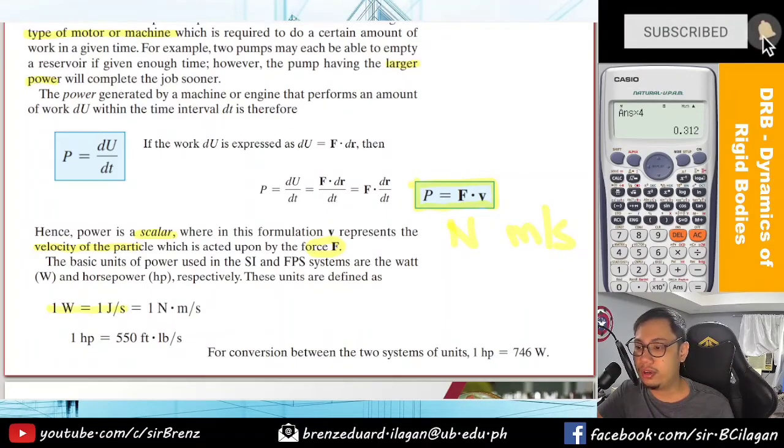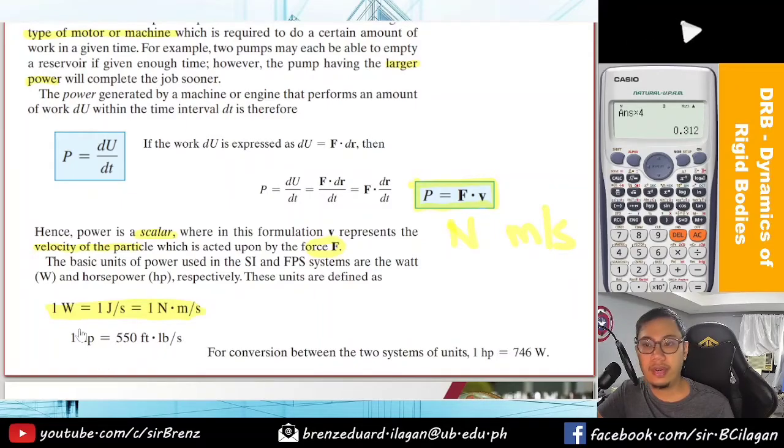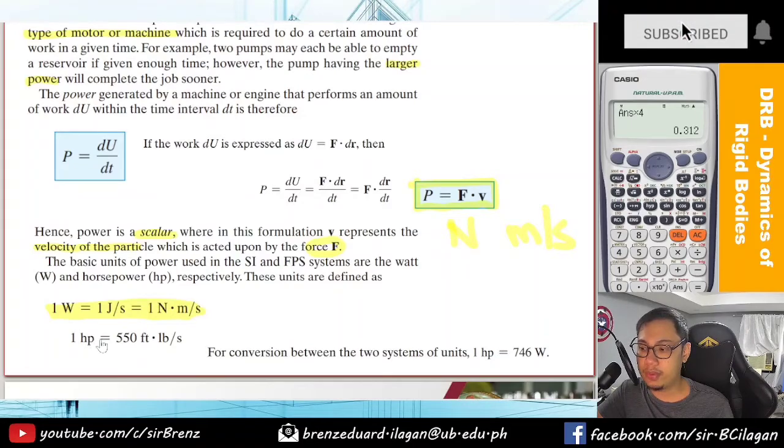So this is one of the most common units, especially in SI, and another unit of power is the horsepower. In the English or FPS system, the conversion of 1 HP, or 1 horsepower, is equivalent to 550 foot-pounds per second.